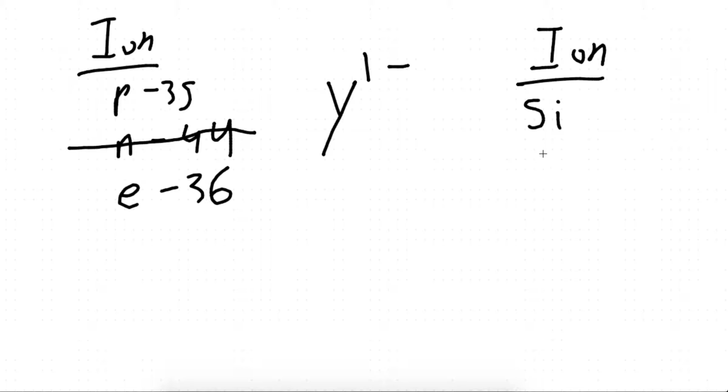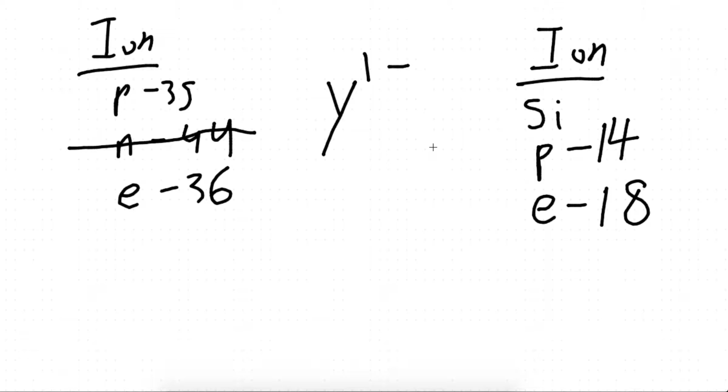That means if the proton number is 14, the number of protons is 14. The number of electrons is also the same, but that is for the atom. We are talking now about the ion, and it says the number of electrons in the ion exceeds the number of protons by 4. That means it's greater by 4. So 14 plus 4, we have 18 electrons.